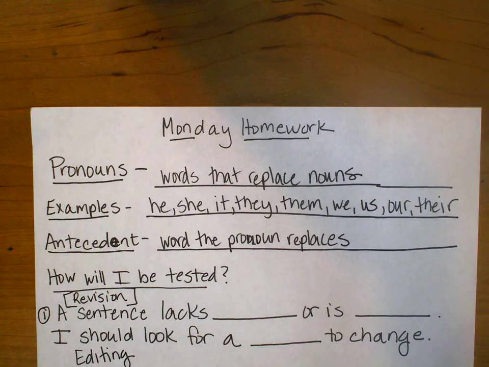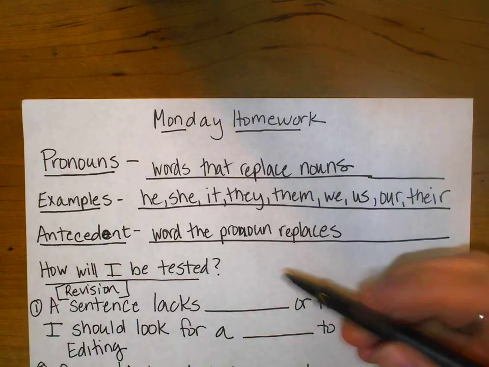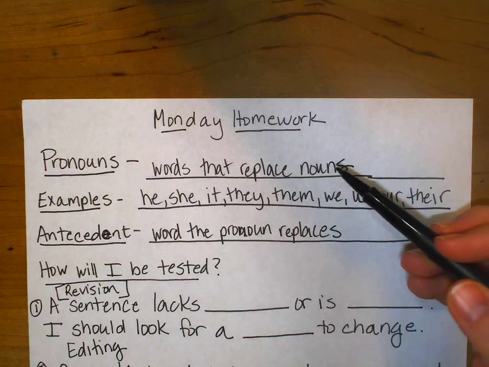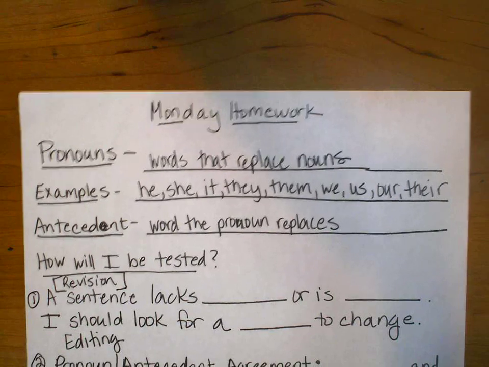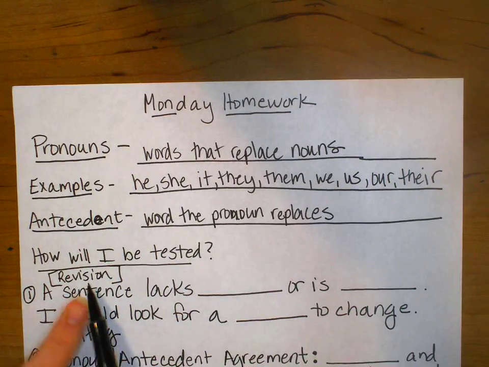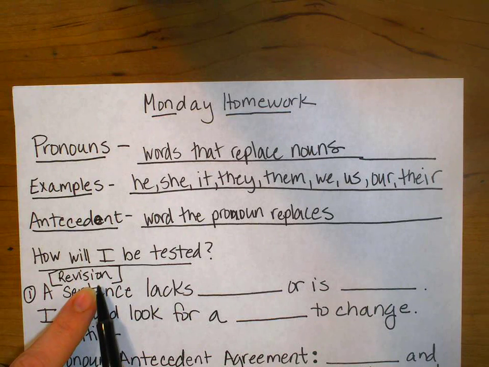So the important thing we need to ask ourselves is, how are you going to be tested on pronouns and their antecedents? Well, I see two common ways. The first way is how you will be tested in the revision passages on pronouns and antecedents.